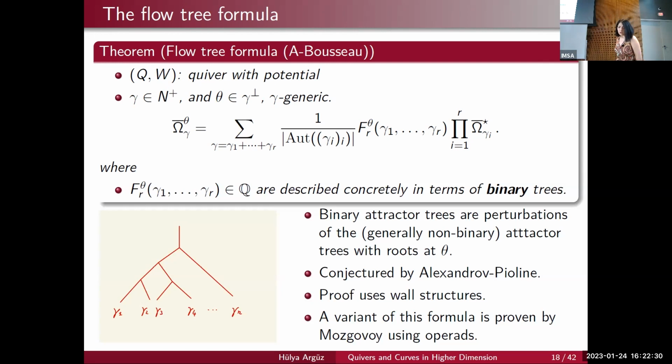It was a conjecture of Alexandrov and Pioline. And we used in our work wall crossing, and we proved a more general attractor flow tree formula for wall structures and obtained this as a consequence. And I should say that a nice alternative proof by Mozgovoy, which came out around the same time, is using operads. And it's an interesting question how these two different avenues might relate to each other, which we don't really know.